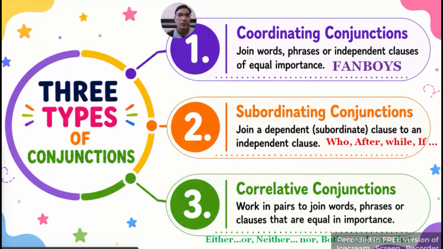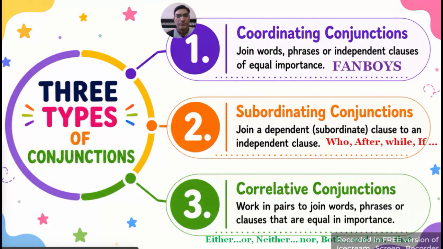F stands for for, A stands for and, N stands for nor, B stands for but, O stands for or, Y stands for yet, and S stands for so. We also learned that when we are using these conjunctions for independent sentences and clauses, we always use a comma.